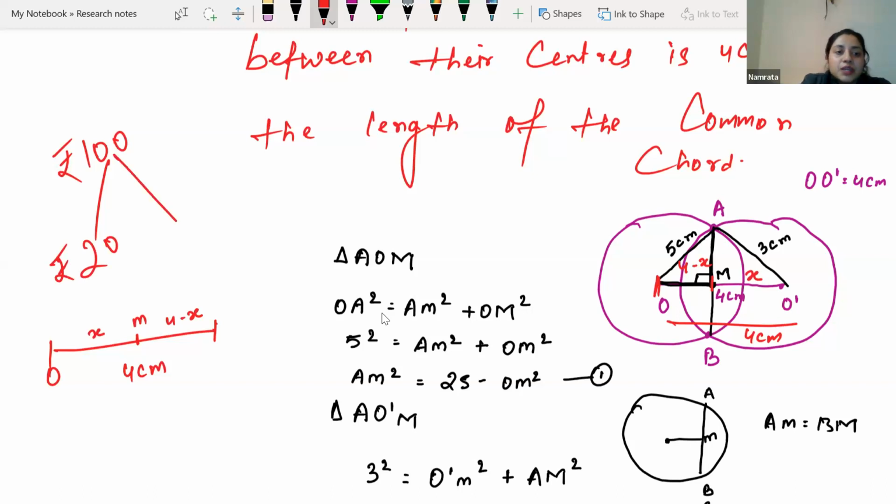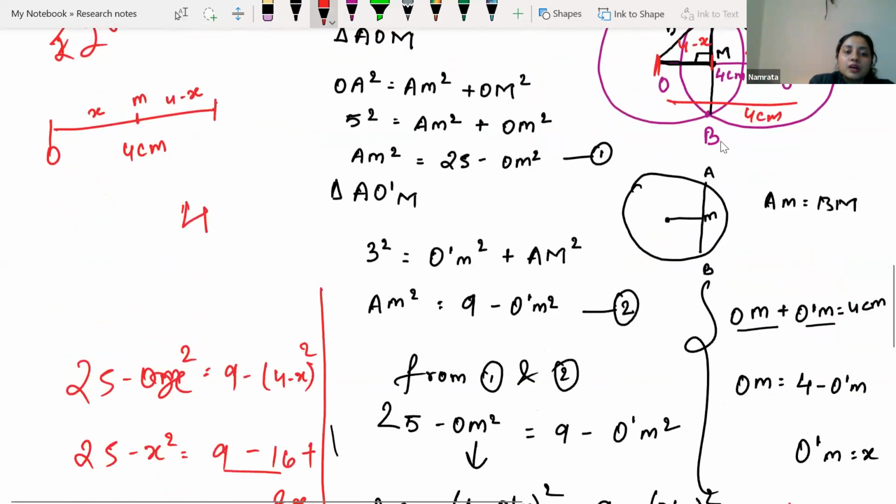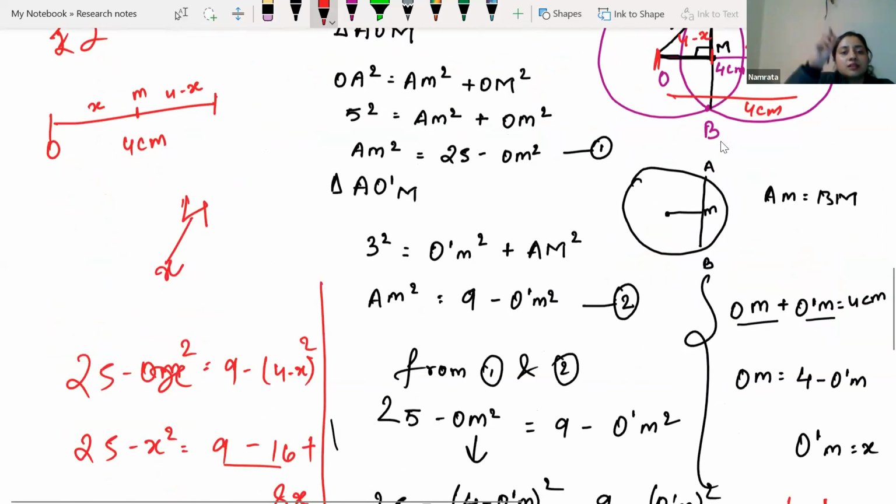Then the remaining will be 100 minus 20. Yes or no? Similarly, here the total length is 4 centimeter, and one of the lengths, a part of it, OM, is x centimeter. Then the remaining length will be 4 minus x. Yes or no? Are you getting it?